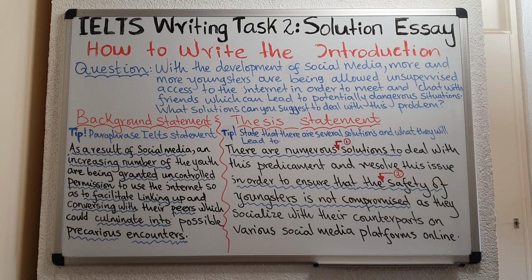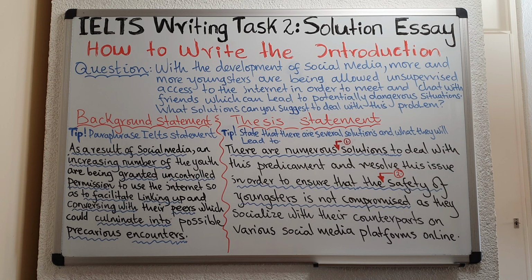Let's begin rewriting the words together. With the development of social media, I am going to replace with the development of social media with as a result of social media.